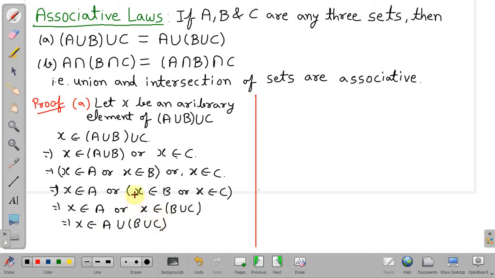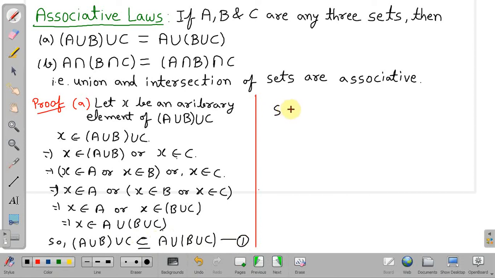So you may notice that we started with x is an element of (A union B) union C, and then we concluded that x is also an element of A union (B union C). So we can say that this is a subset of this one. So (A union B) union C is a subset of A union (B union C). So this is our equation 1.